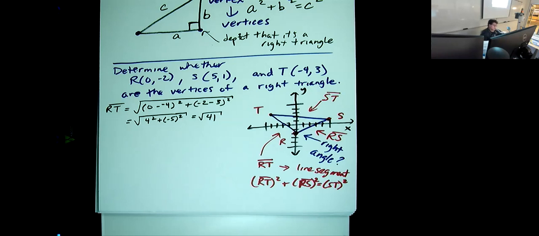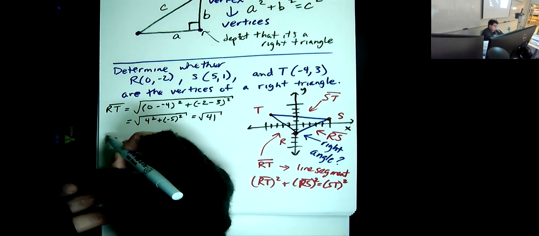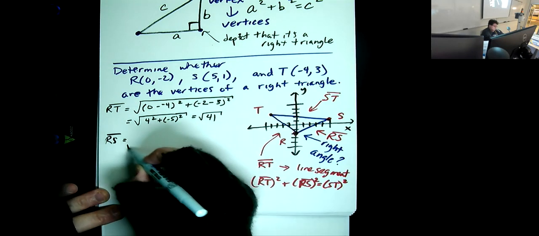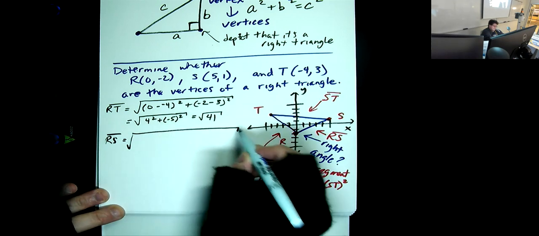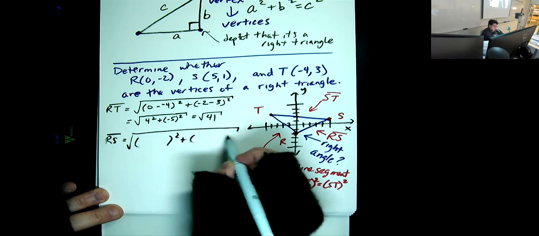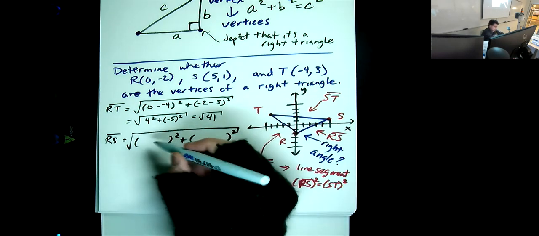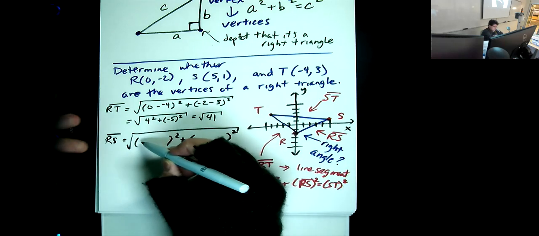Now I'll do RS. So same setup, R is the first, or is point 2, so it goes in front. 0 and -2.